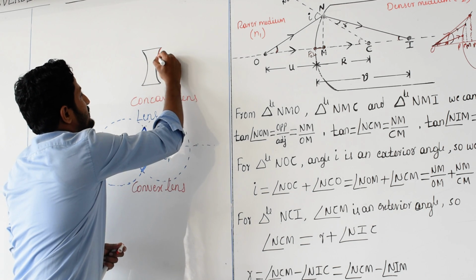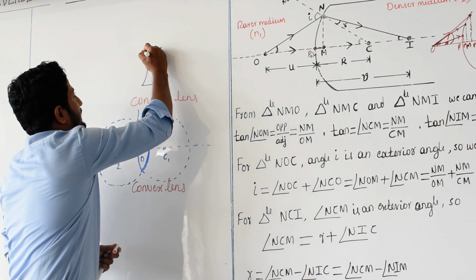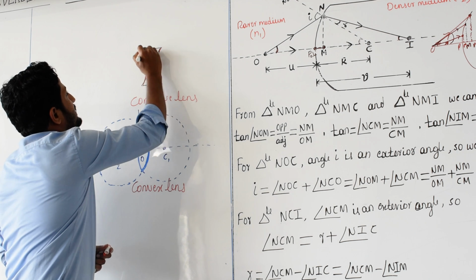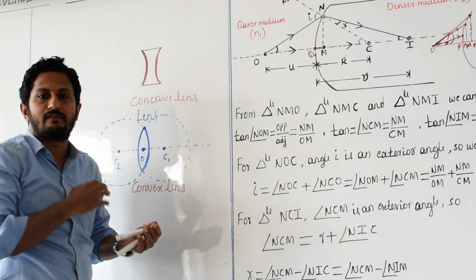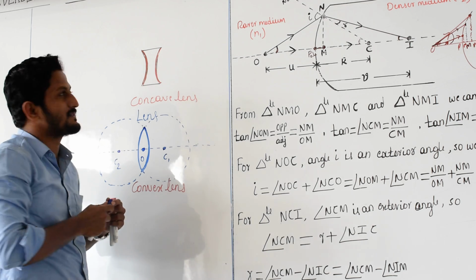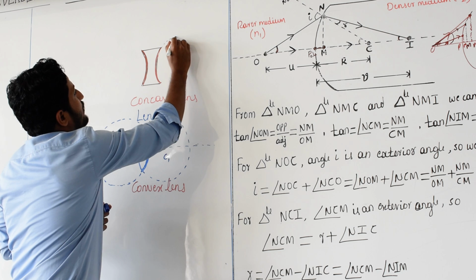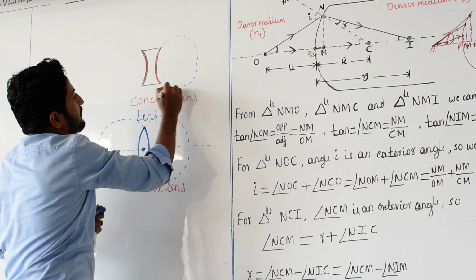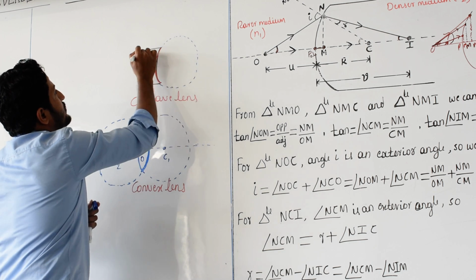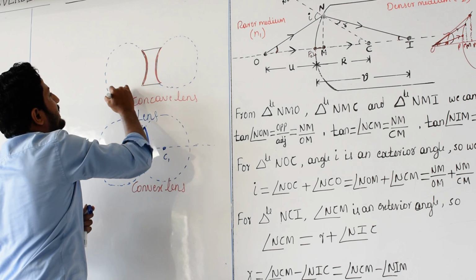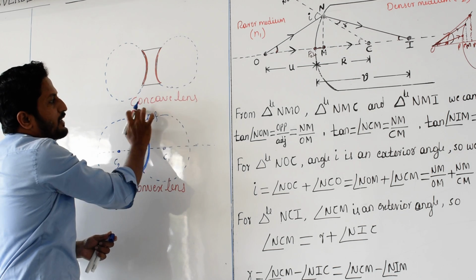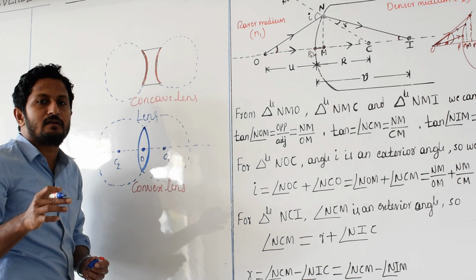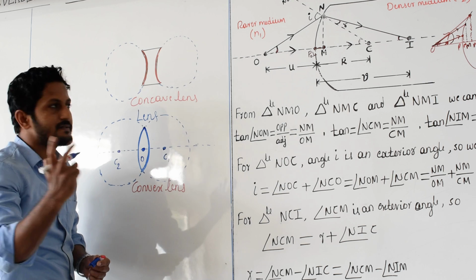So this lens also has two surfaces. This is the first one and this is another one. Again, these two surfaces are also a part of two imaginary spheres. Here you can imagine one sphere, and here also you can imagine one sphere. Again, see, this concave lens is also a part of two imaginary spheres.